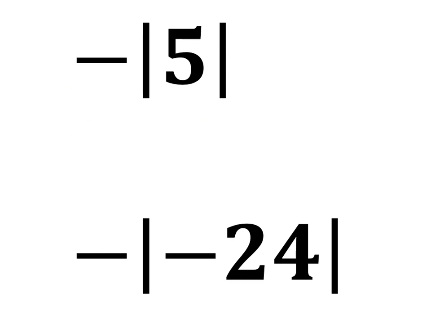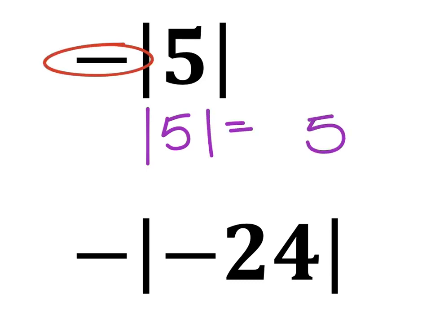So when I see an example like this one, again, I take the absolute value of 5, which is 5, but I can't forget about the negative here in the front, which stays with the answer, negative. What I got out of the absolute value was positive 5, but the negative was never inside that absolute value, so it doesn't apply.